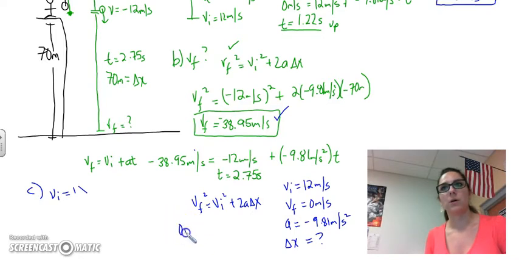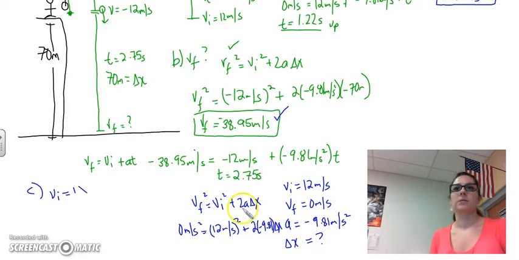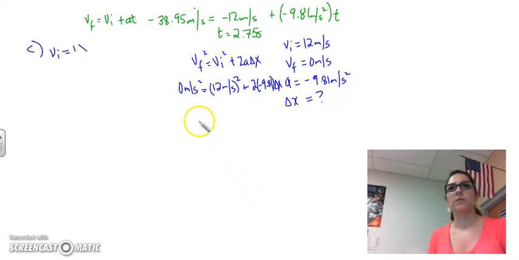So our final velocity is 0. 12 meters per second, we're going to square that, plus 2a, I'm running out of room, so I'm going to drop the units, x. So let me give myself a little more room here. I'm going to solve for delta x.